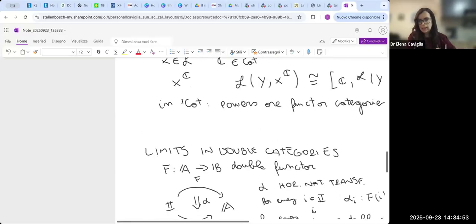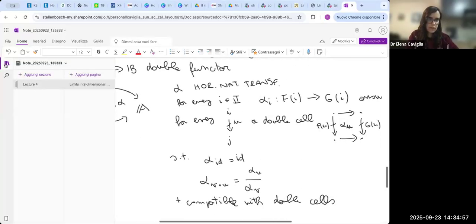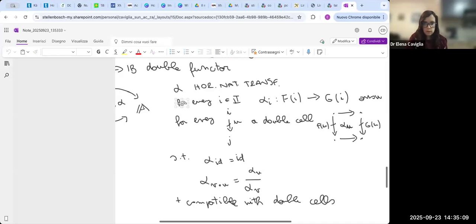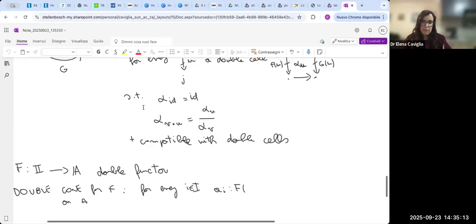While we wait, I was saying that, so for every, what's this? So for every I, we have an arrow.